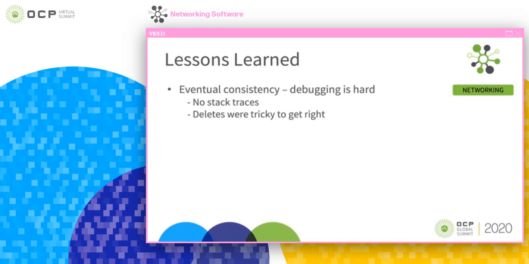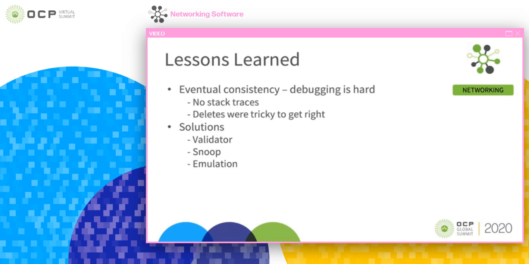So we implemented a kind of hacky solution to support the delete, and it was pretty tricky to get it right. We experienced many issues such as inconsistencies in the databases across the nodes. To tackle these kinds of issues, we tried various solutions that effectively helped our teams to resolve them.